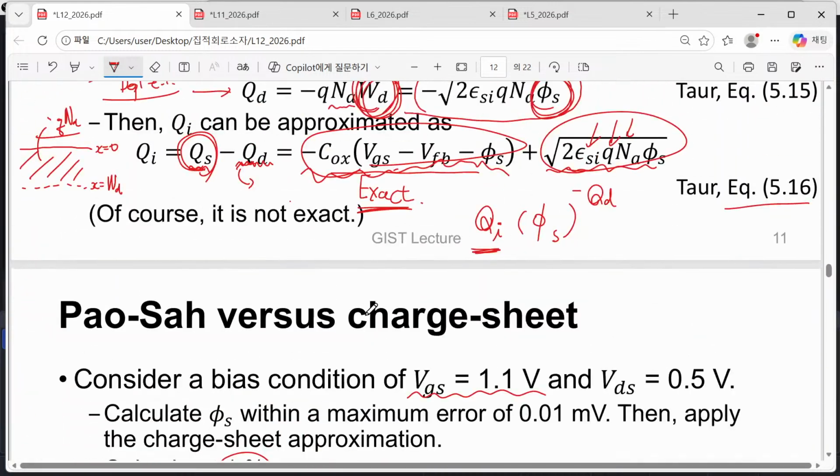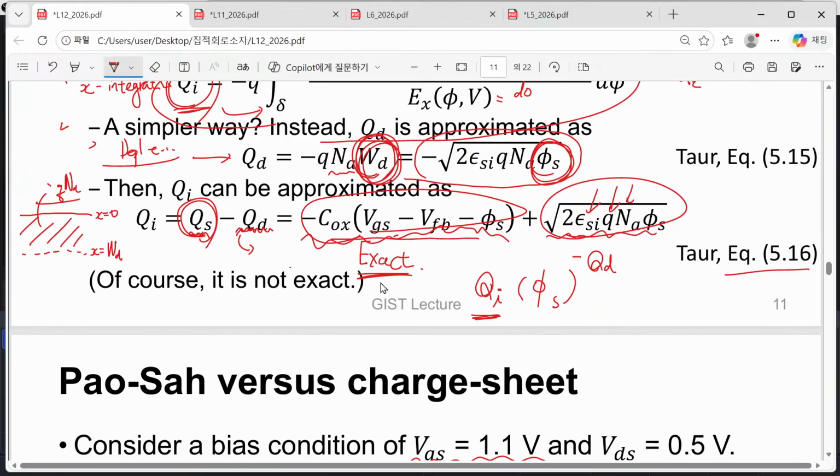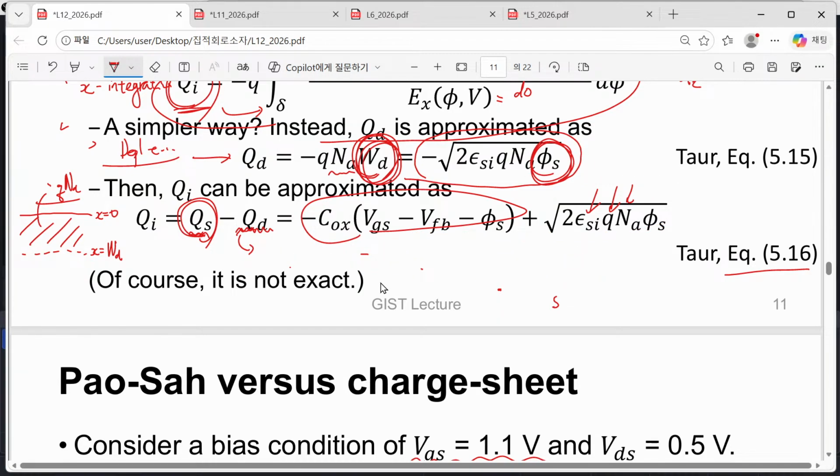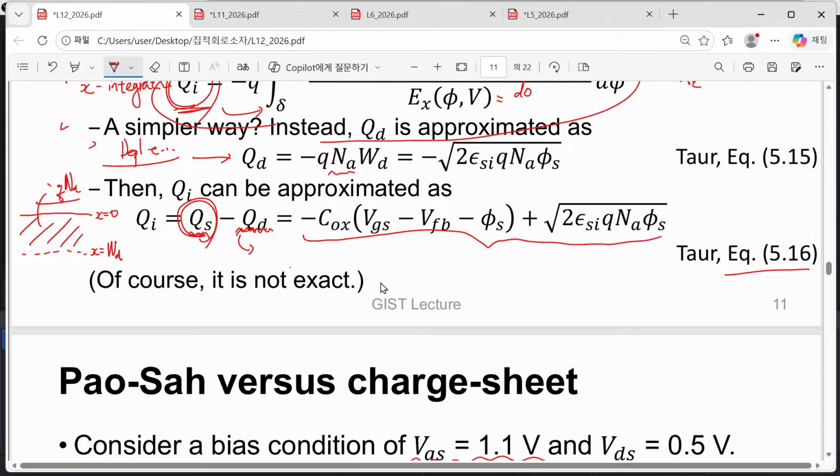But now we have a much simplified expression for q sub I, and it has very specific characteristics. Please try to find V in your expression. Here, can you find V?